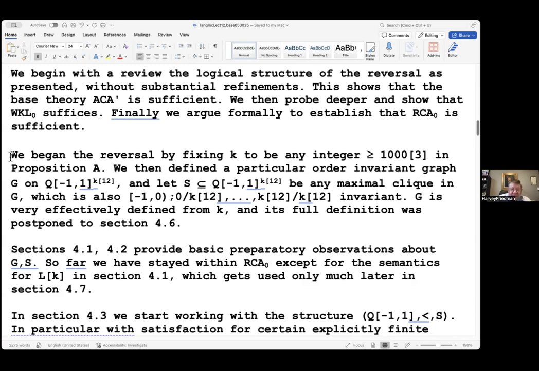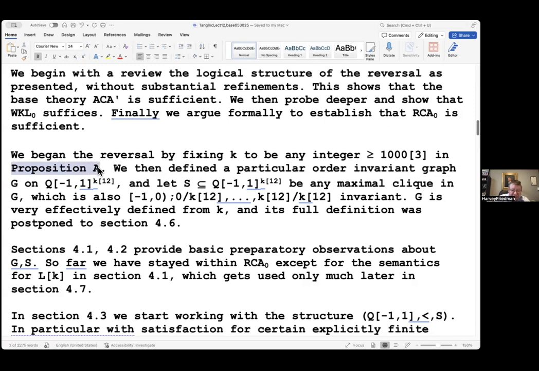All right, if you remember, the reversal began by fixing k to be any integer that's big. 2 to the 2 to the 2 to the 1,000, that's a pretty big number. Well, it's really in the statement.